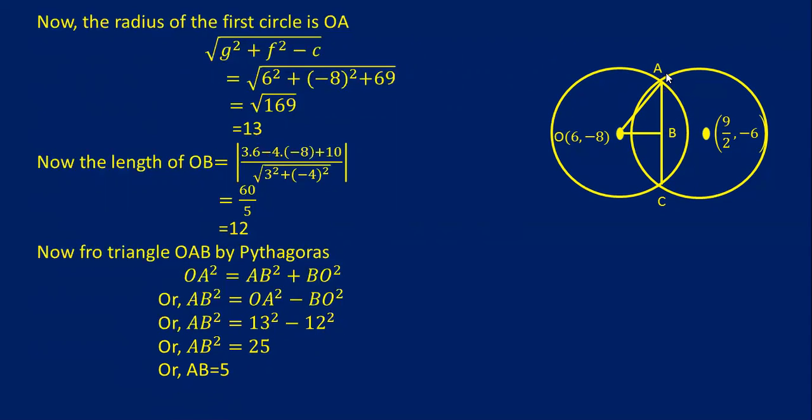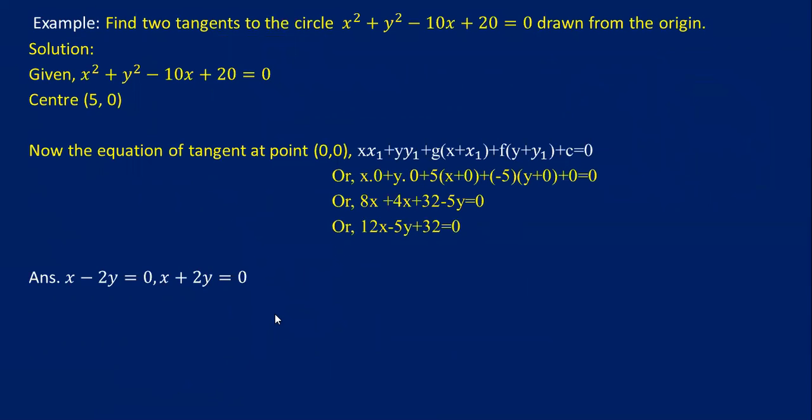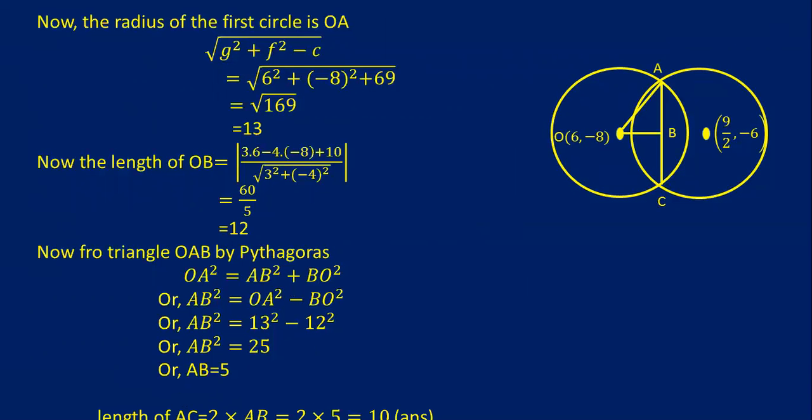That's why the length of AC will be twice AB or twice BC. The length of AC is 2 into AB, that means 2 into 5, that means 10. The length of AC is 10.